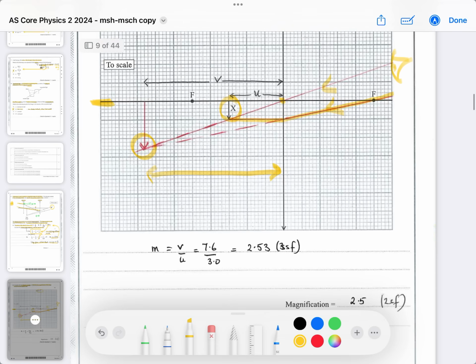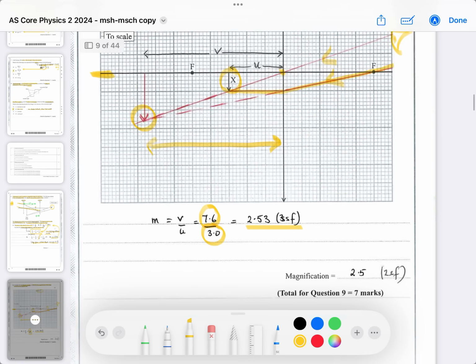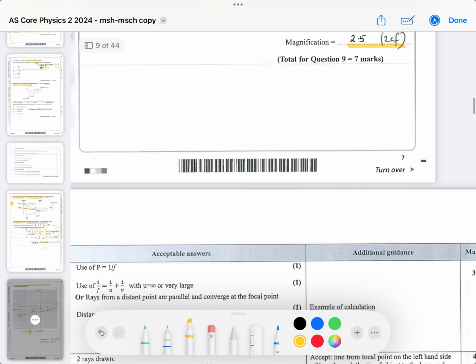Because it's drawn to scale, you know that U was 3 squares and this one's 7.6 squares, so basically it's a ratio of 7.6 to 3. You can also do it by the height of the arrows, it should give you the same answer. But it's easier to count the squares along because the distances to V and F, as I've drawn them, are larger than the height difference, so you're going to have a smaller uncertainty this way. So to 3 significant figures it is 2.53, and you can round it to 2 significant figures to do question 9. Hope that makes sense.